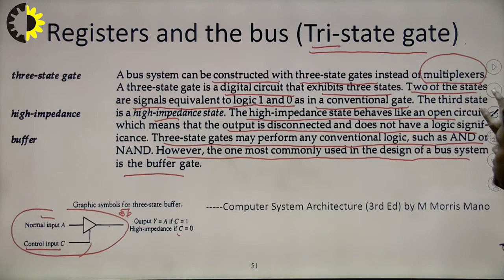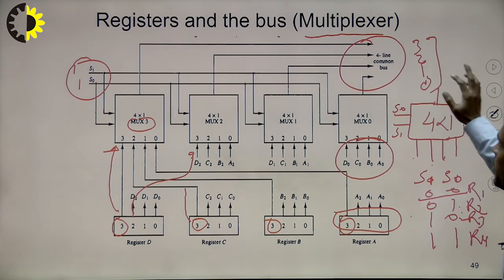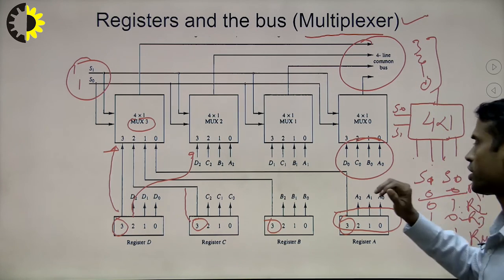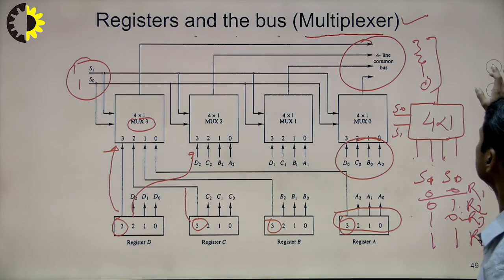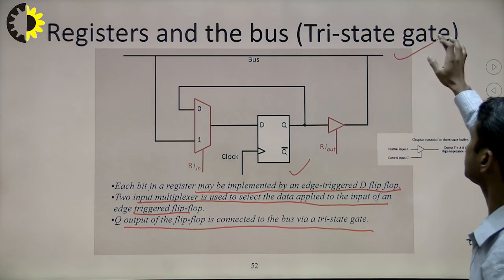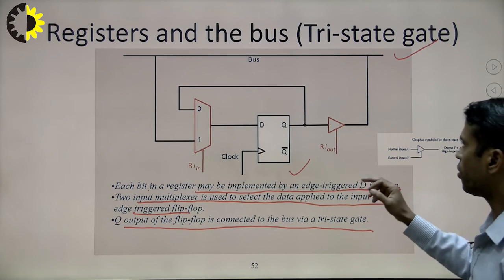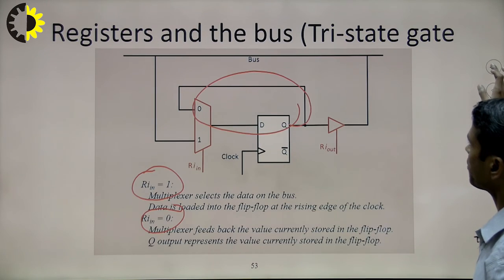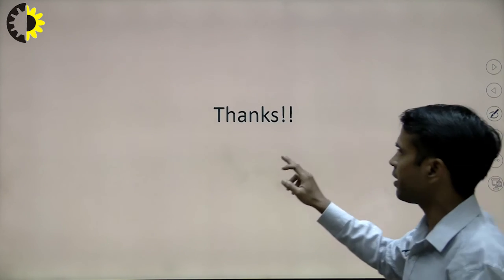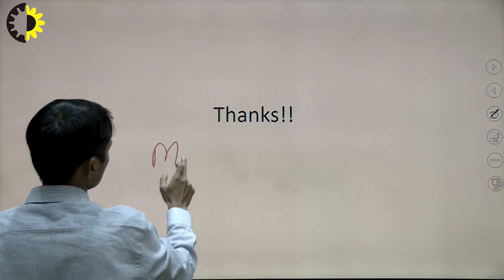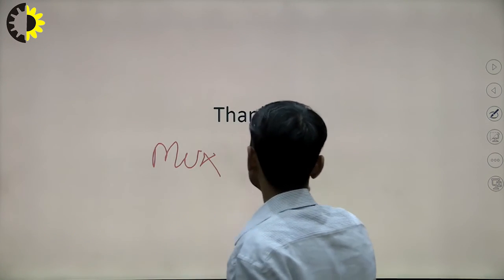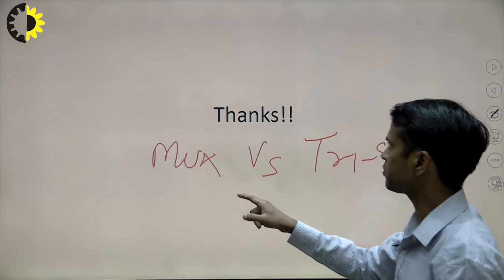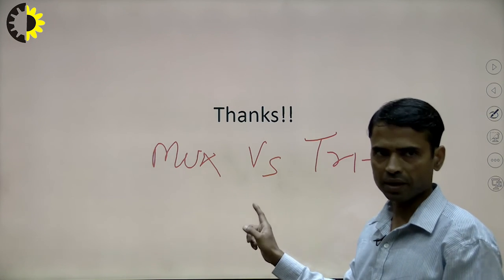Now, from a comparison point of view, a question is asked: what is the difference between the multiplexer based approach for transfer of data and the last approach that we have discussed, that is the tri-state gate based approach? So, in the last summary of this lecture, you have to compare the mux based approach versus the tri-state gate based approach of data transfer from register to bus.